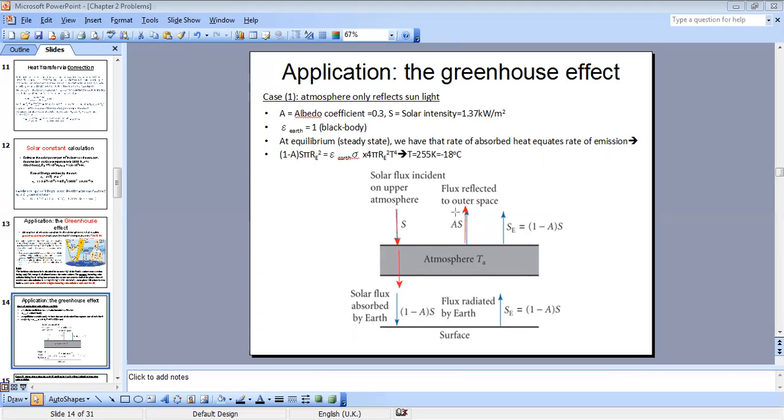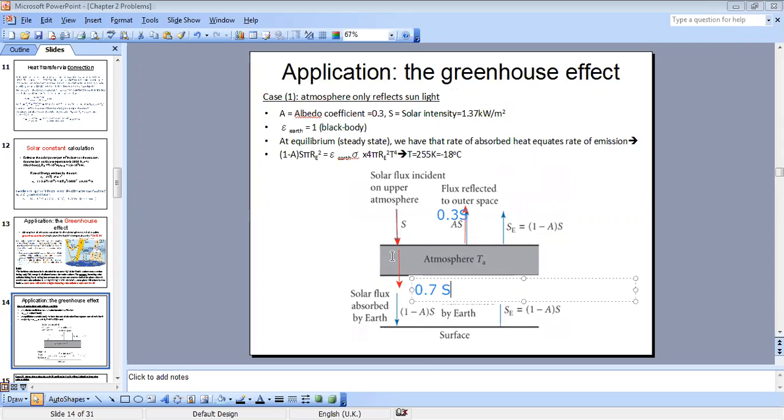By conservation, if this is 30% of S, this should be 70%. So 0.3 S is reflected back to outer space, while 0.7 S is transmitted.